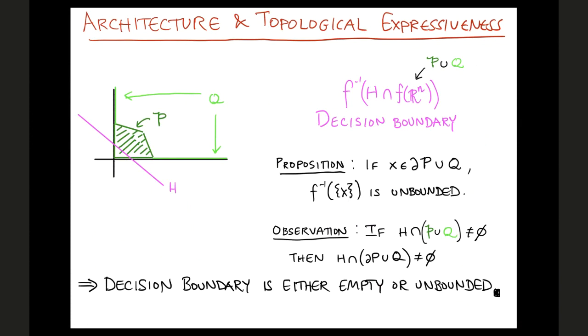But really, the point is that with these convex polyhedra, you can't intersect the interior without intersecting the boundary. And it's only the interior that has bounded preimage. So this is the flavor of the argument there.